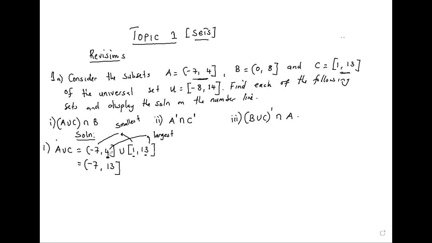The question continues to say, when you have your A union C, you need to intersect it with B. So now we have -7 to 15. Let's bring in B. B is 0 to 8. The intersection between -7 and 0, you get the largest.